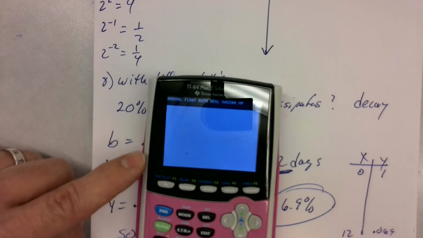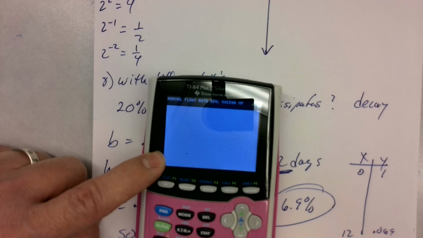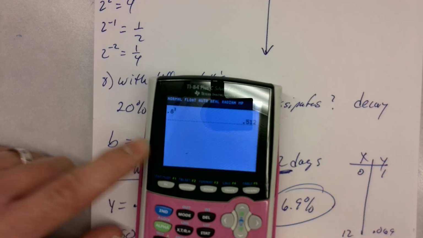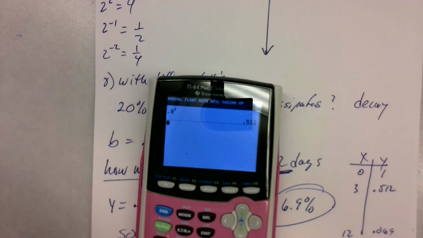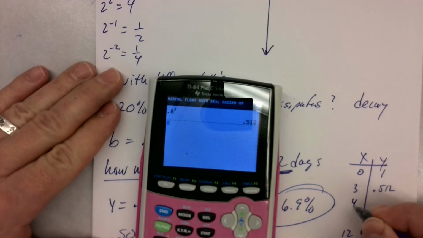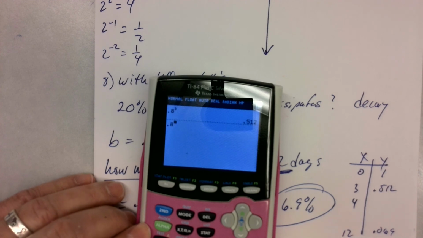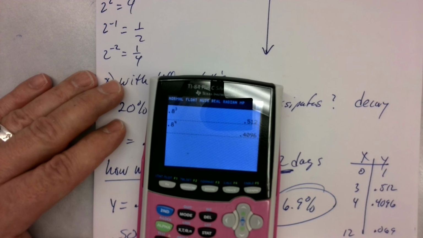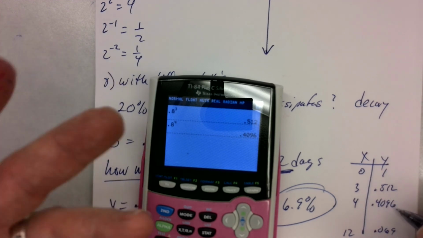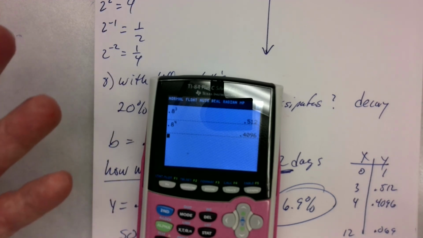I'd never seen that. So we have 0.8 and somebody said third, right? And I'm going to get, so at 3, I'm at 0.512, right? So I'm at roughly 51.2%, right? So guaranteed that if I go 4, I'm at 0.4096 or roughly 41%, right?